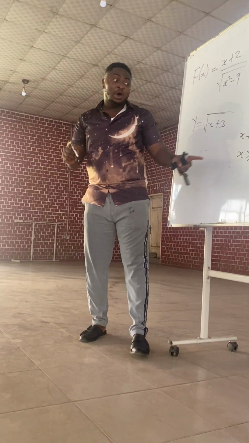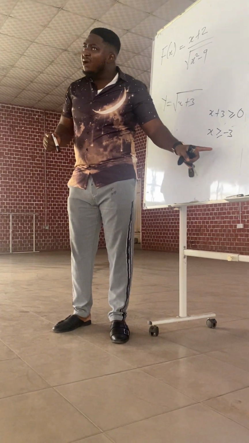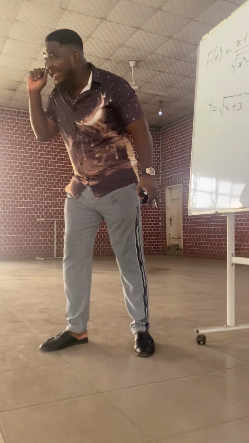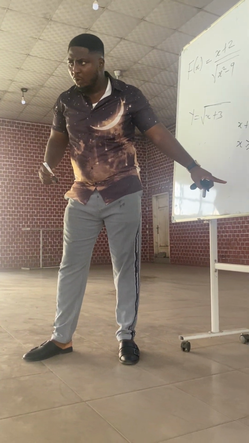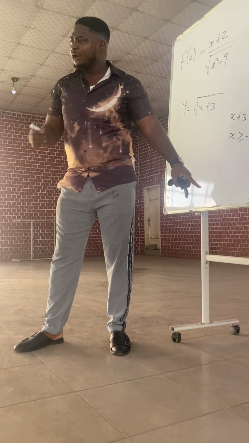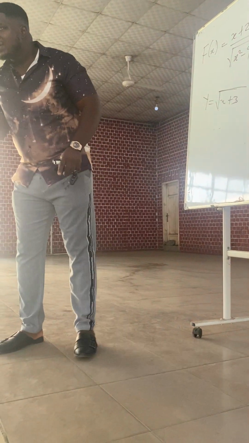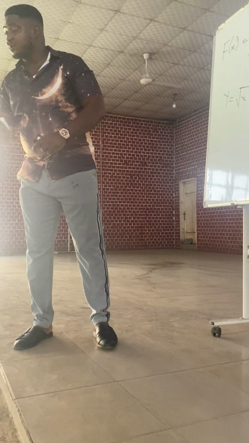The domain is only all values of x that are greater than or equal to minus 3. Is minus 4 greater than minus 3? No. Is it equal to minus 3? No. So it cannot be our domain. Minus 5, minus 6, minus 7, till infinity cannot be our domain.